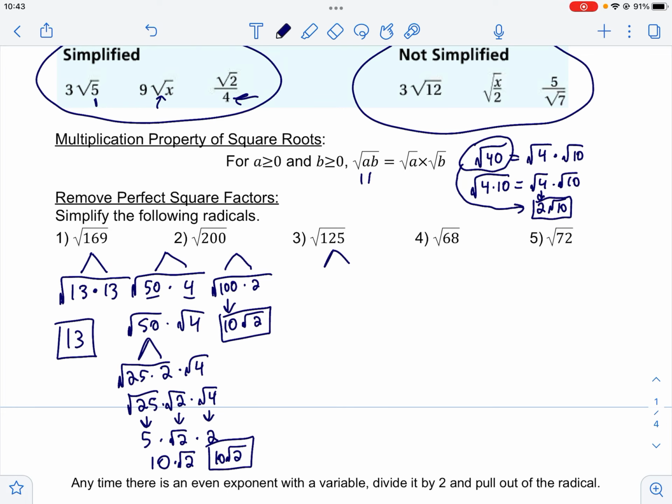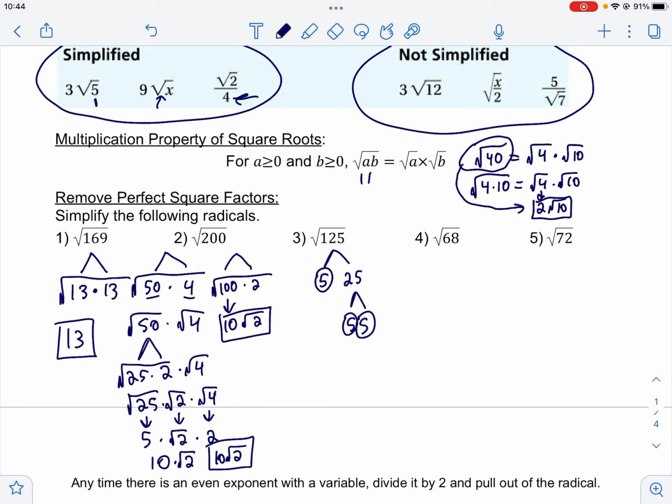Another strategy that you can use is make a factor tree. So if we have the square root of 125 and we're not sure of the factors, well, we can just start breaking it down. 5 times 25 is 125. 25 breaks down into 5 times 5. This is called factoring or prime factoring the number. After I've prime factored the number, I'm going to look for pairs of numbers.